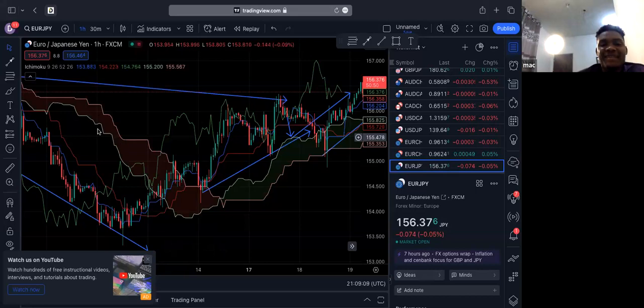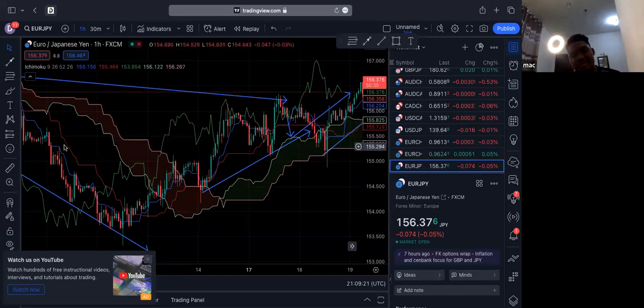When there's a daylight space between the cloud and the candlesticks on a downtrend, market is to properly sell. Space, space, sell, sell, continue. Bigger space, sell, even continued.